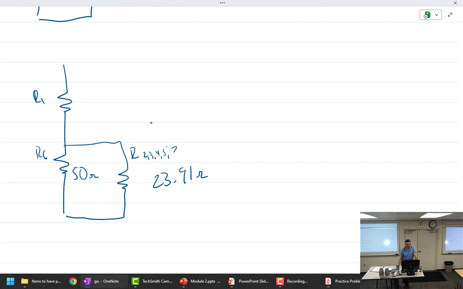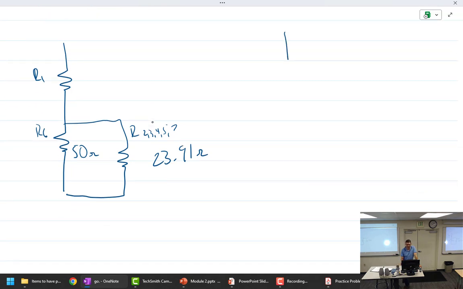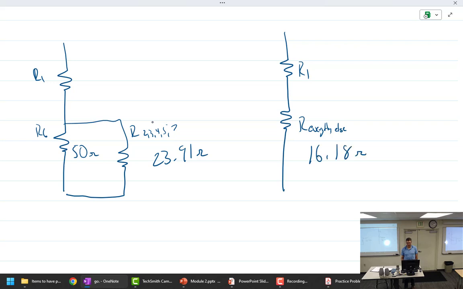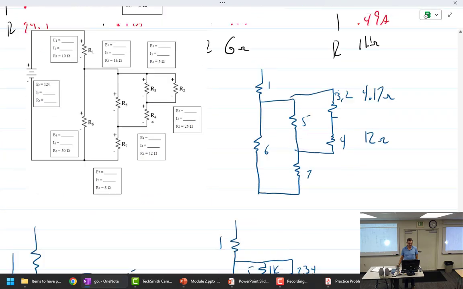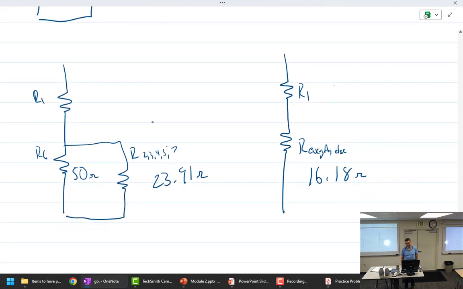So it's in parallel, so I'm going to draw it over here. So I have R1 and R everything else. That's 16.18 ohms, in series with R1, which is 10 ohms.